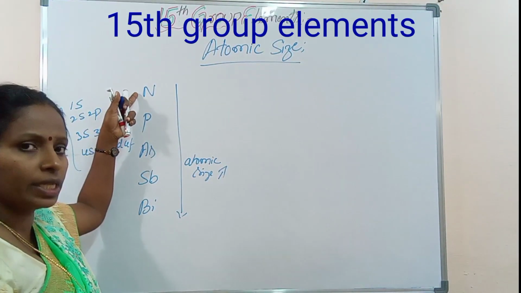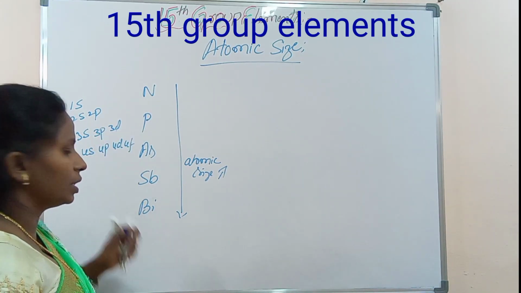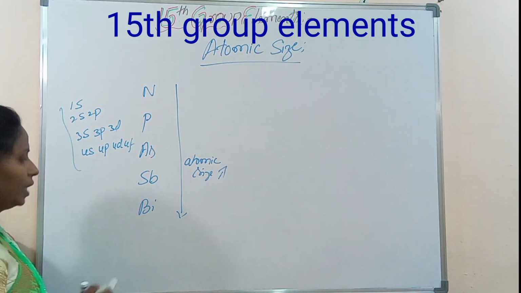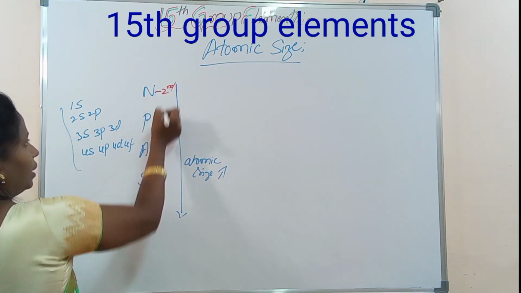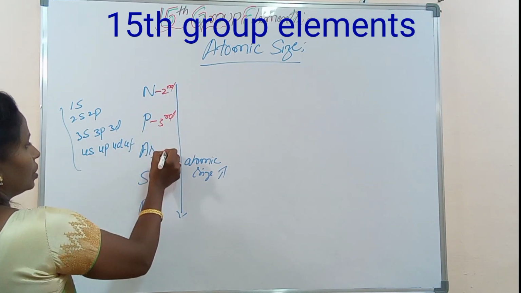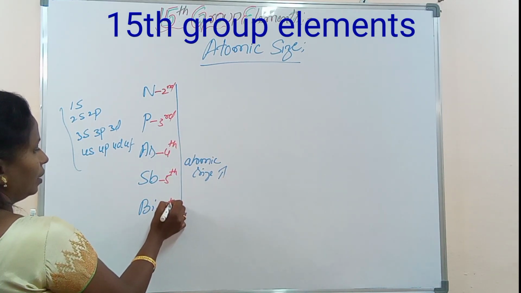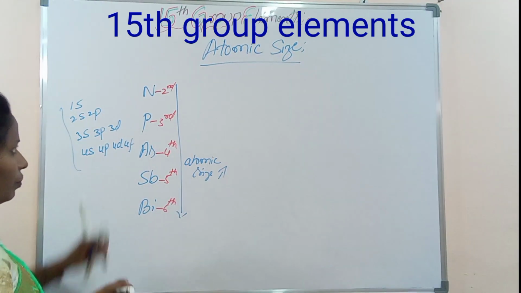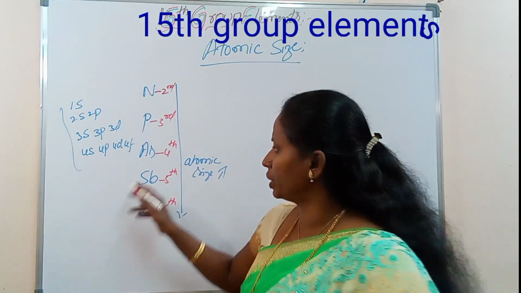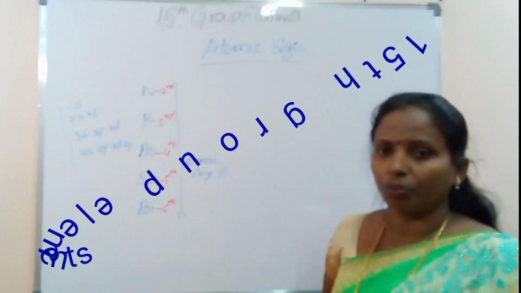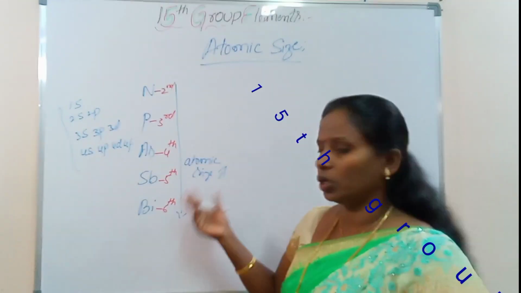Nitrogen is a second period element, then third, fourth, fifth, and sixth period elements; bismuth is a sixth period element. If you go down the group, the number of shells increases, so the size of the atom and the atomic radii also increase.